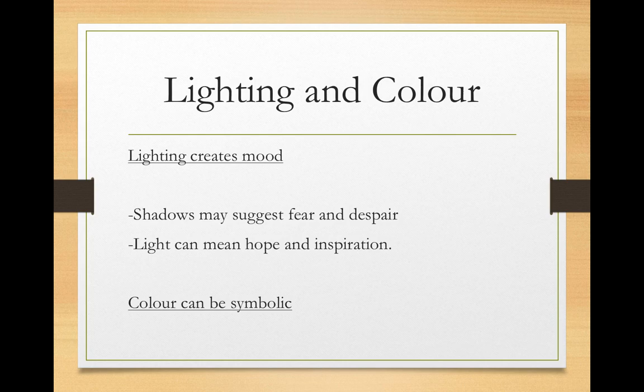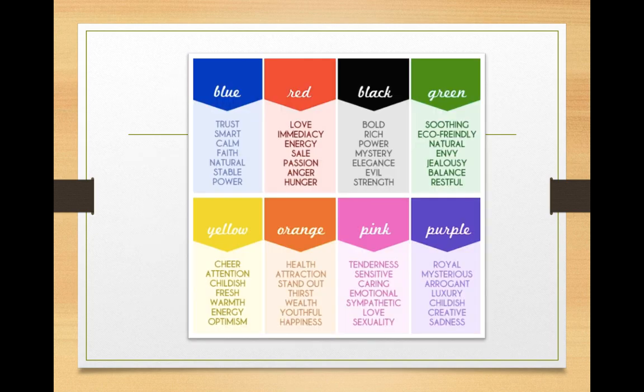And as we know, colour can be very symbolic. I'll just give you a moment now to read through some of the symbols of some of these colours. Maybe having a look at your favourite colour.